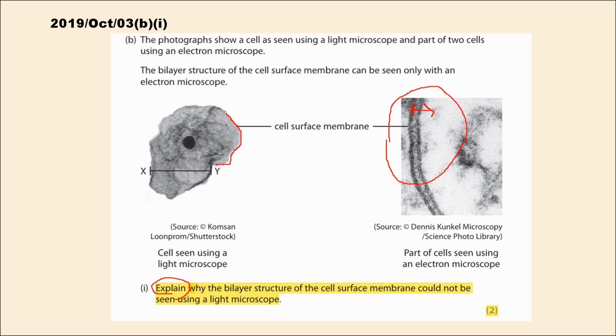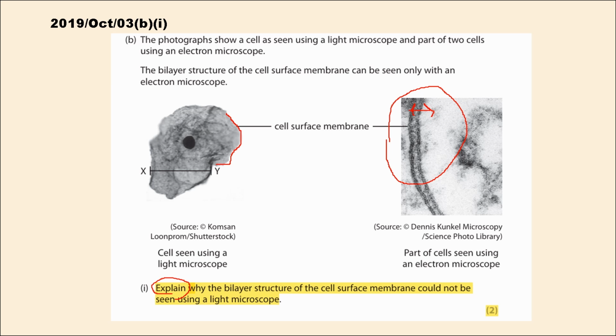So this question is about why you can see the bilayer structure clearly. Here you can't talk about magnification, because when you want to distinguish two points, then the microscope should have high resolution power. If you explain your answer using magnification, it would be completely wrong. So what was your point?